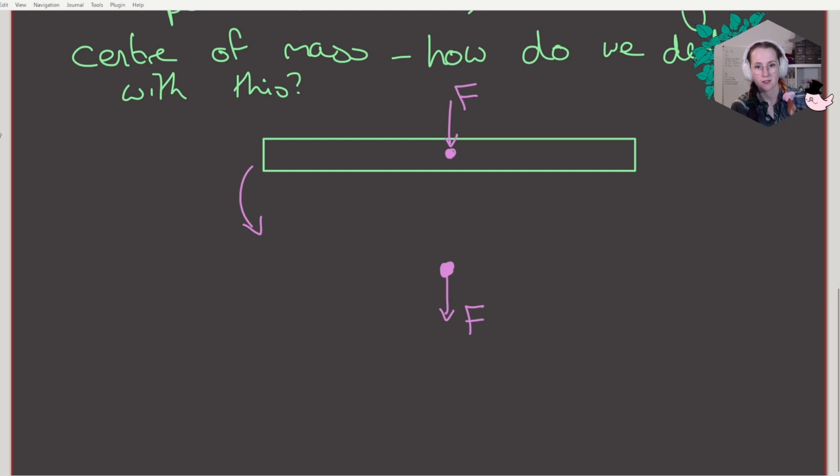But when things don't work through the center, say I push down sort of here, how do we deal with that? Because it's not moving through the center, so the force felt at the center of mass is going to be different.